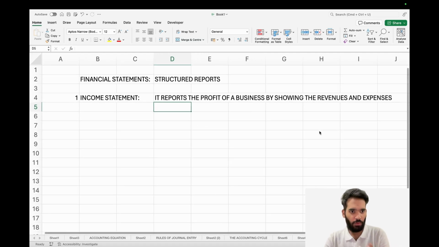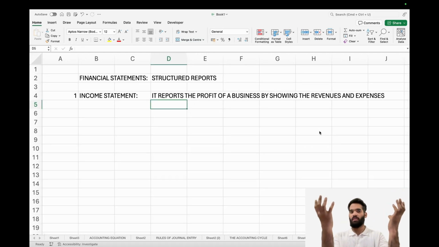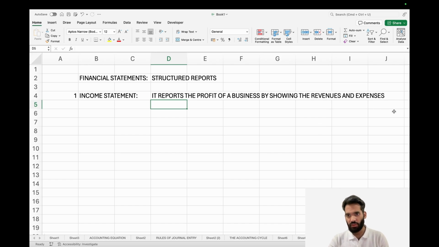Because I hope you understand that profit is basically revenues minus expenses. So of course, if you show revenues and expenses and you subtract them, you get profit. So that's what the income statement tells us. It tells us the profit of a business, which obviously refers to the financial performance. It doesn't tell you the financial position, meaning right now financially how we are doing with regards to what we have and everything. So we'll talk about that just now. Okay, so let's talk about that.